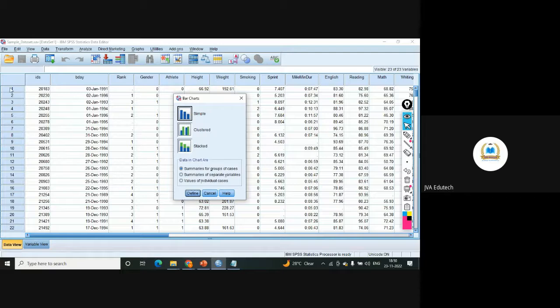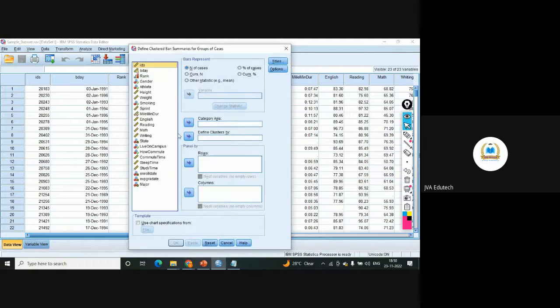Okay, from bar diagram, take the clustered bar diagram. Here you can take on the rows the counts, the smoking on the rows, and gender here. It's not doing this. Let me check.